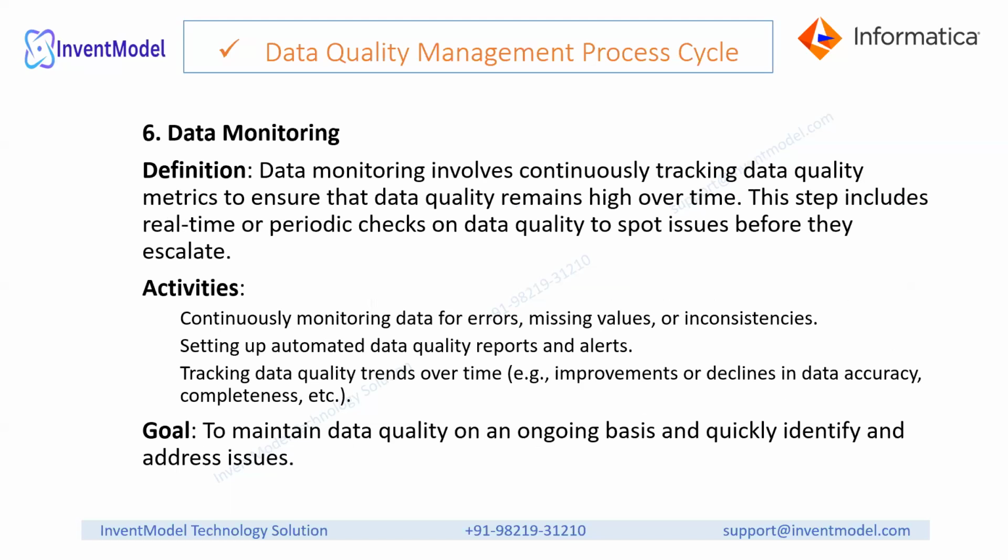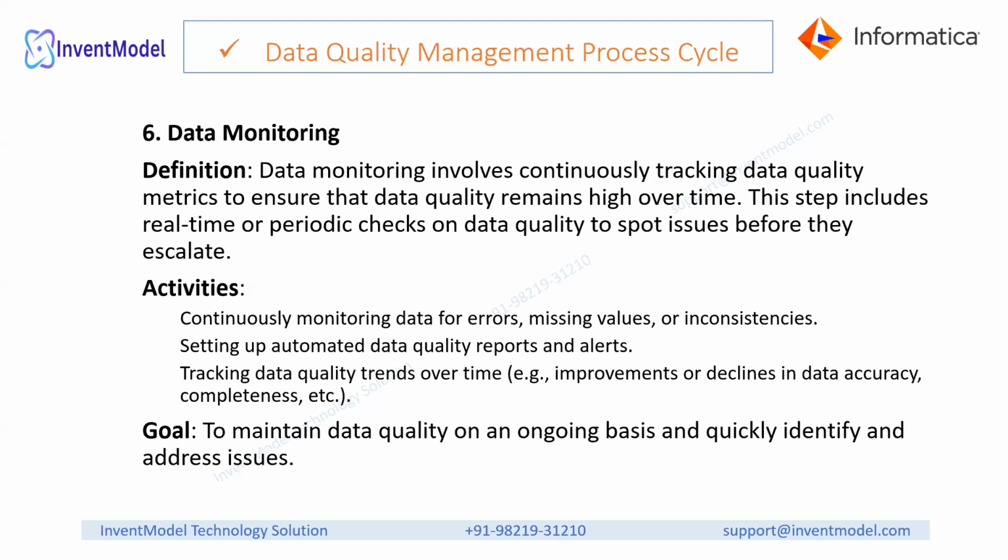Data monitoring: to maintain data quality on an ongoing basis and quickly identify and address issues. That's why we need to maintain data monitoring. Data monitoring involves continuously tracking data quality metrics to ensure that data quality remains high over time.